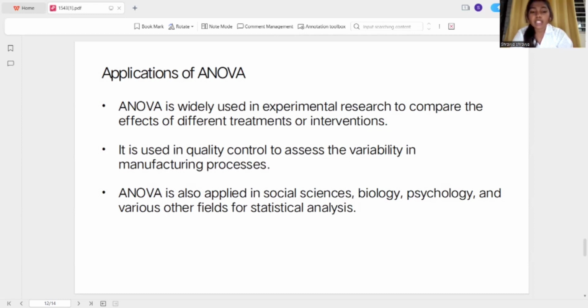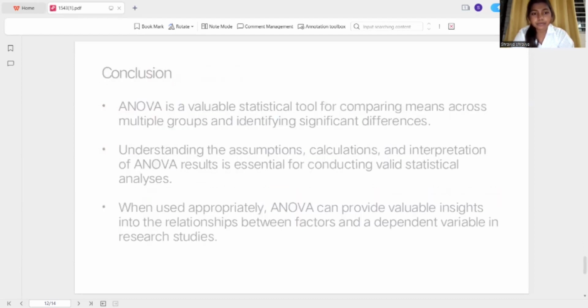ANOVA is also applied in social sciences, biology, physics, psychology, and various other fields for statistical analysis.